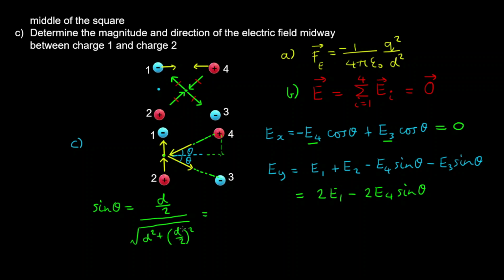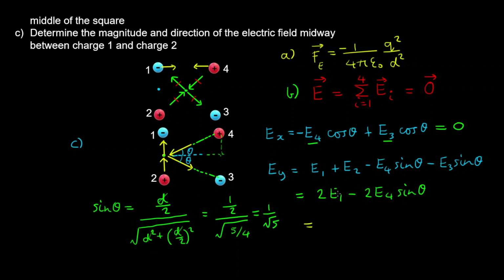And if we factor out d squared, we get root d squared is d, and the d's cancel straight away. So what we're left with is 1/2 over the square root of 1 plus 1/4, or 4/4 plus 1/4, which is 5/4. And what that gives is root 4 is 2, and that goes in the numerator where the 2's cancel, and we end up with 1 over root 5.